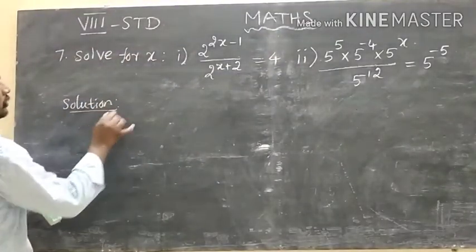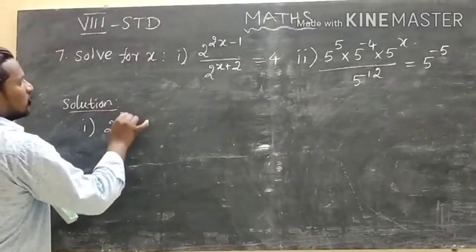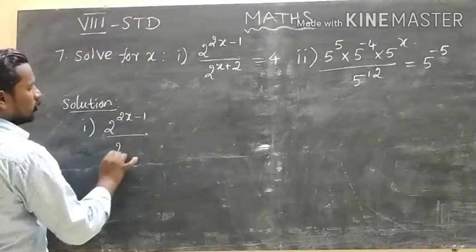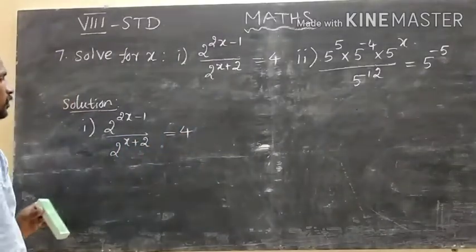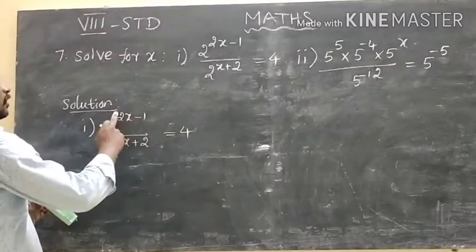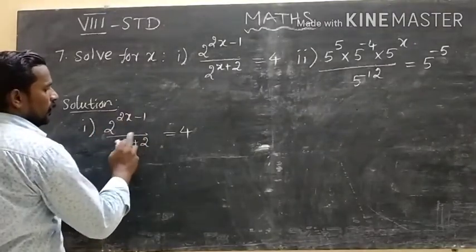First question: 2 power 2x minus 1 divided by 2 power x plus 2 equal to 4. So this is fully converted in base m.